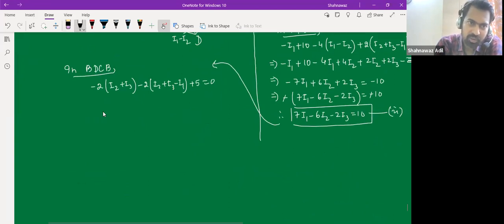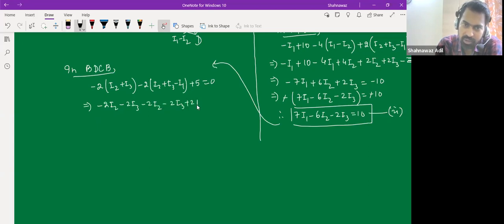Now we solve: minus 2I2 minus 2I3 minus I2 minus 2I3 plus 2I1, and this is minus 1. We have 2I1 and then what?